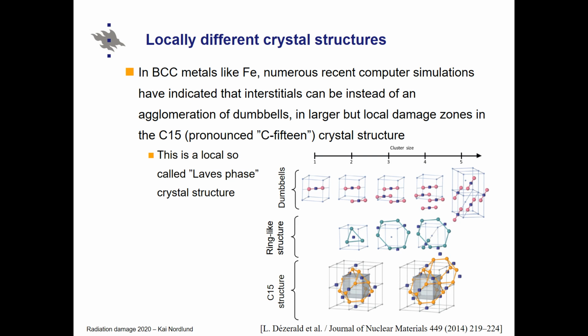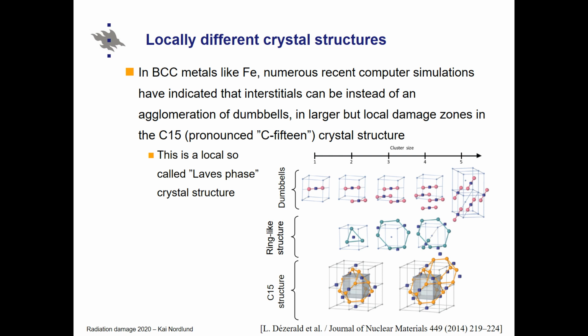And a fourth example, which is much more recent and not yet fully confirmed by experiments, is that the crystal structure can become rather complicated instead of being a simple agglomeration of point defects.